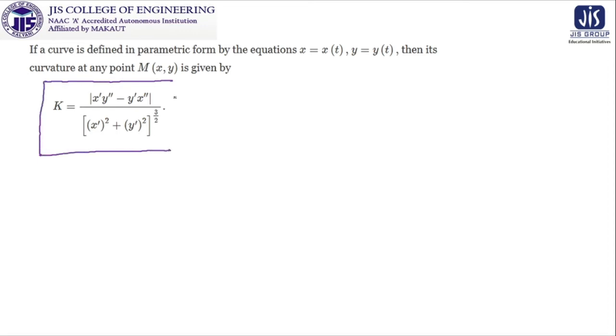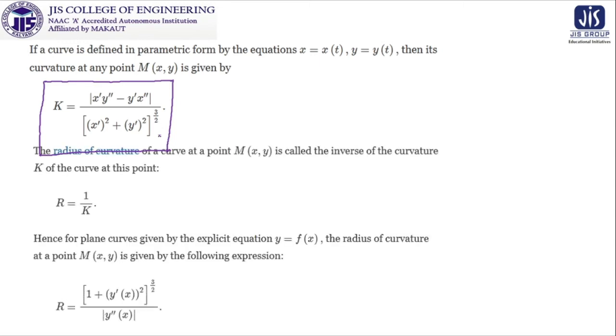This formula depends on x dash, y dash, x double dash, y double dash, which means differentiation with respect to t. The radius of curvature of a curve at a point M(x, y) is the inverse of the curvature. So if k can be calculated, then r will be 1 by k, the reciprocal of k. This will be the formula for the radius of curvature.